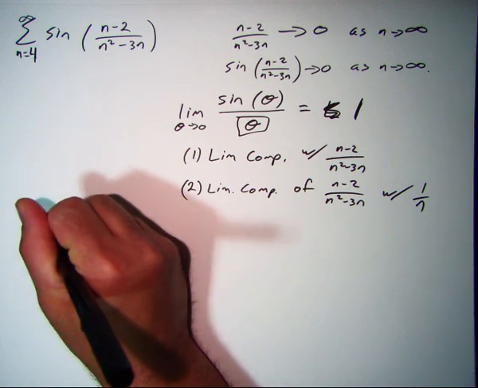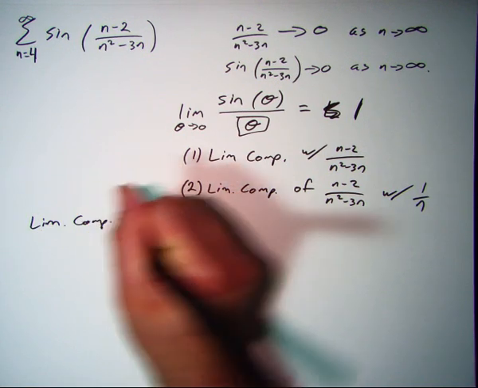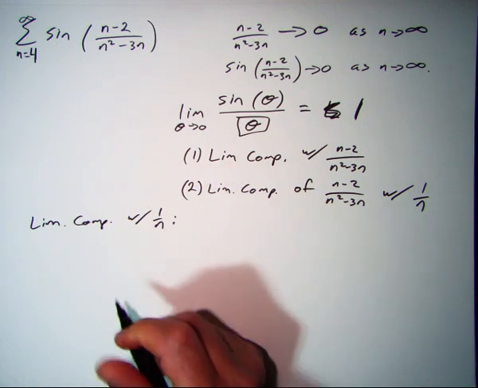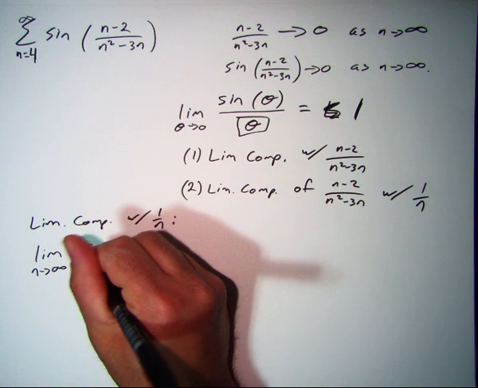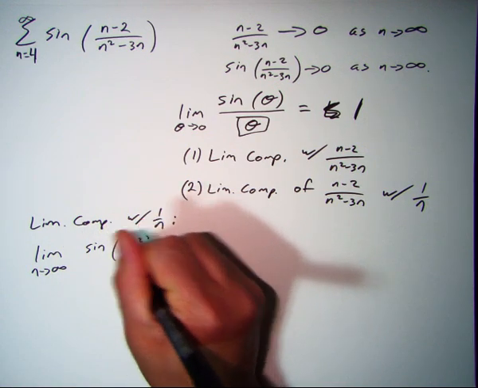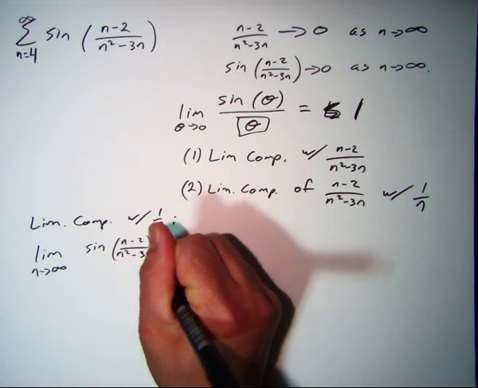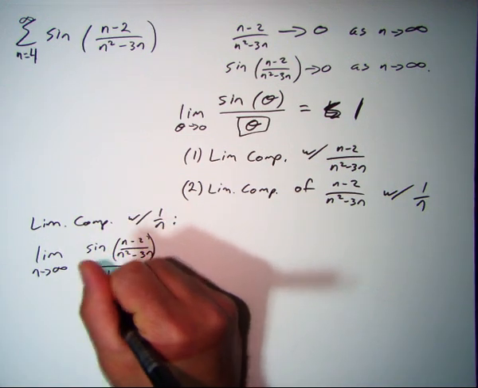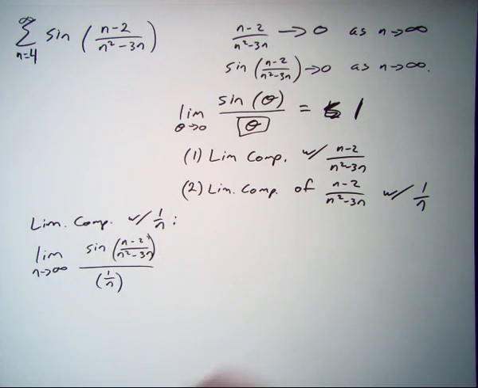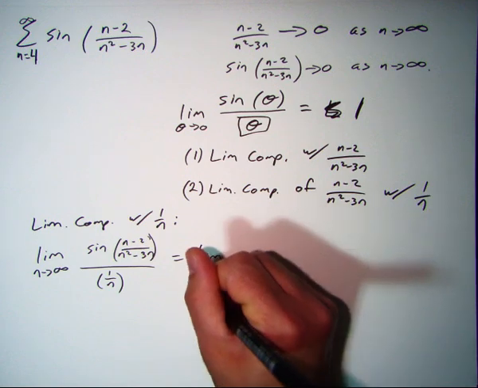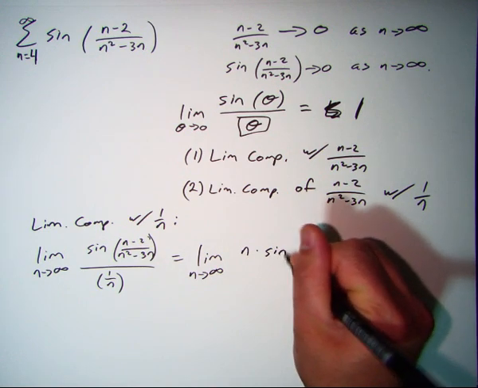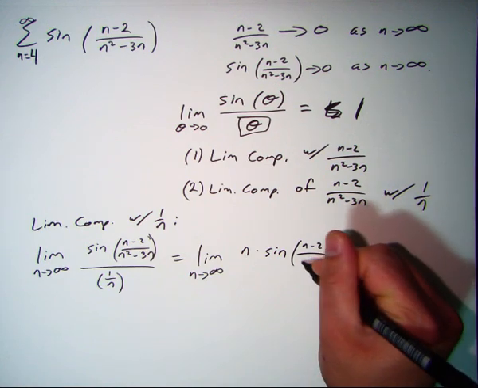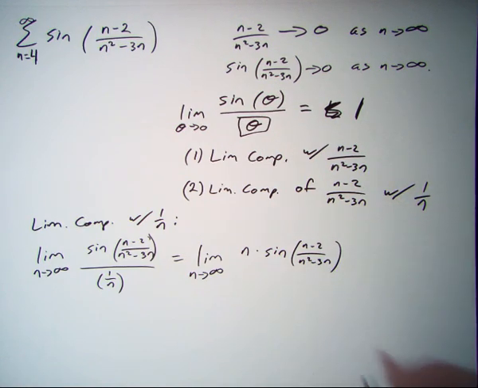So let's do limit comparison using 1 over n. We want to look at the limit as n goes to infinity of sine of (n - 2)/(n² - 3n) when compared with 1 over n. So this is equal to the limit as n goes to infinity of n times sine of (n - 2)/(n² - 3n).